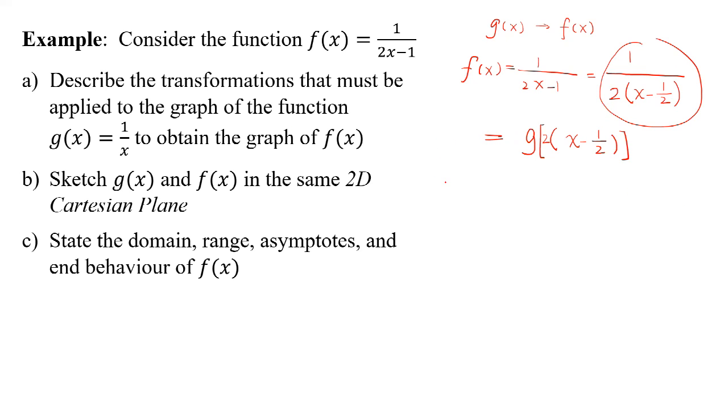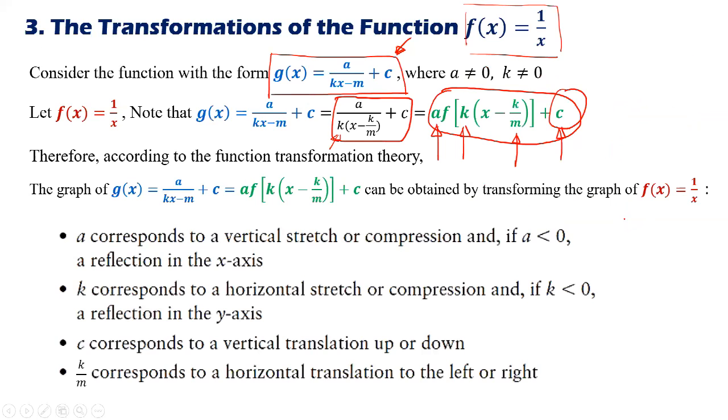So now the transformation is actually from g(x) to g of twice the difference between x and 1 over 2, right? So this is the parameter k, and this is our parameter k over m, right?